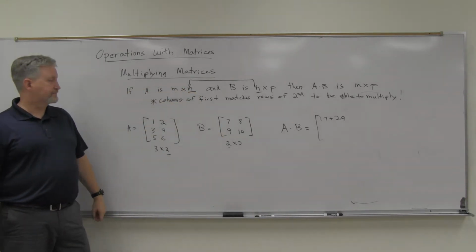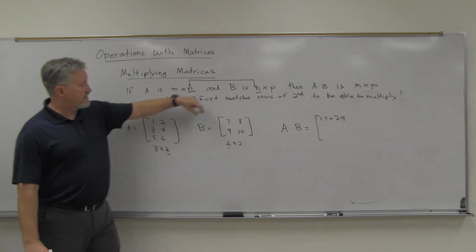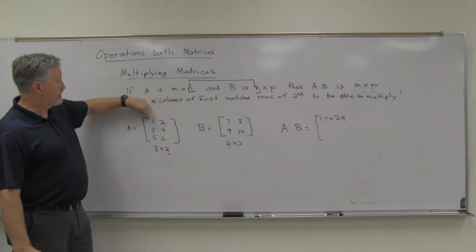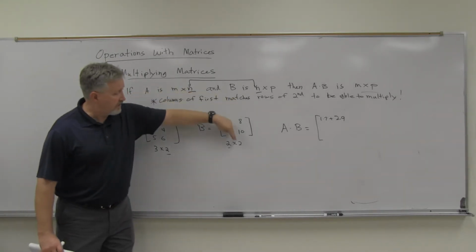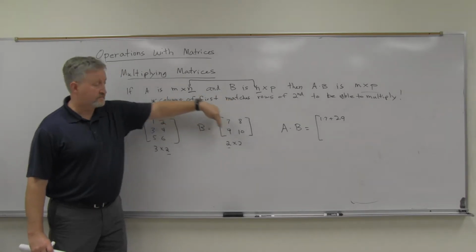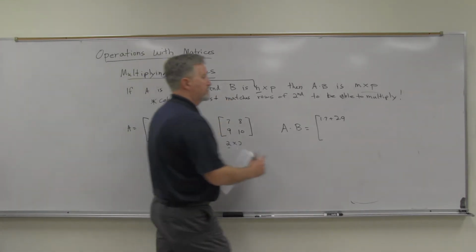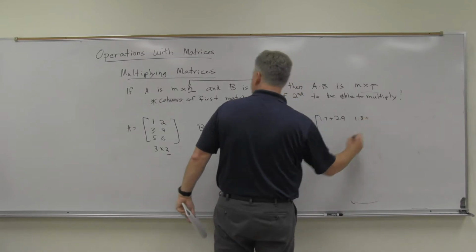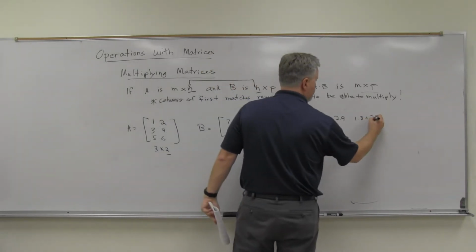The way multiply works. All right, now I do the same thing with column 2. So I take the 1, 2 row and multiply it by the 8, 10 column. So that'd be 1 times 8 plus 2 times 10.